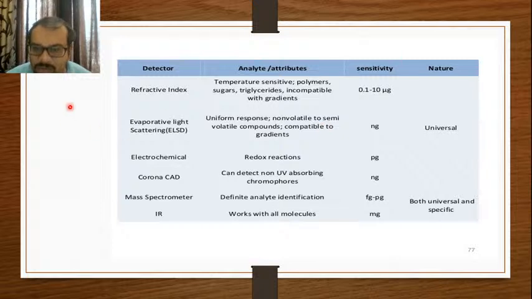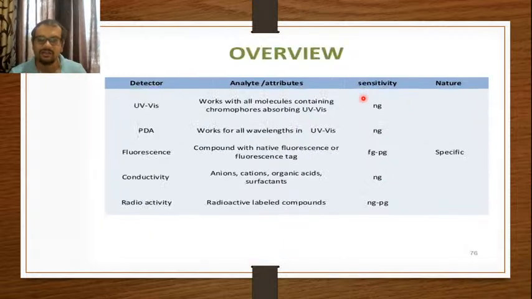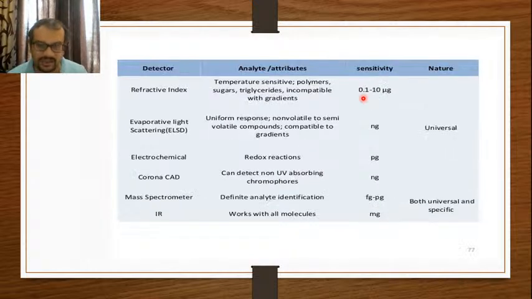Now RI: temperature sensitive, polymers, sugars, triglycerides, incompatible with gradients. Microgram is the sensitivity, not so sensitive. Earlier we said that the sensitivity of all these detectors is in nanogram, femtogram, picogram, because they are single component detectors.